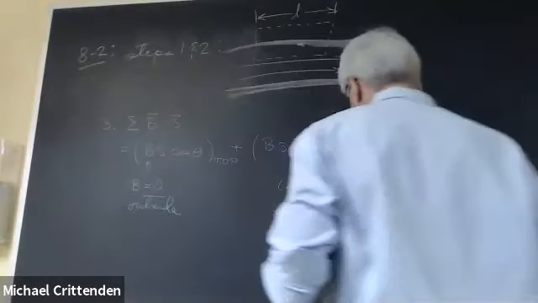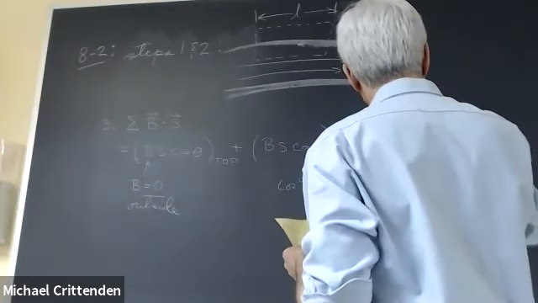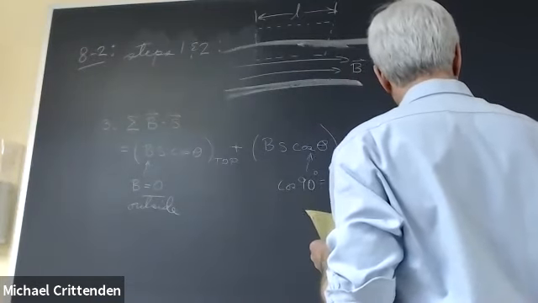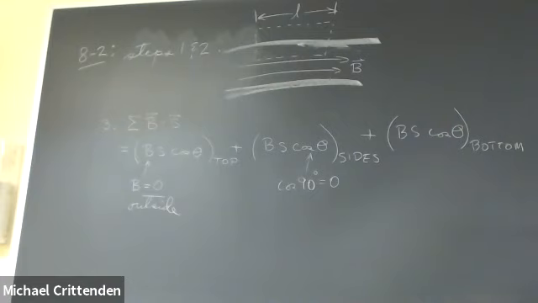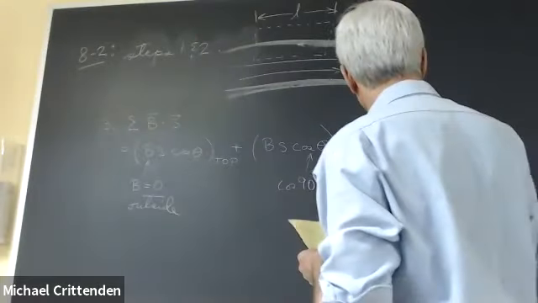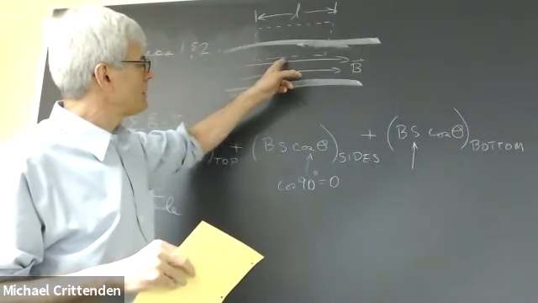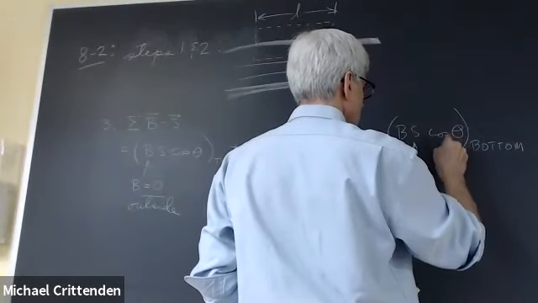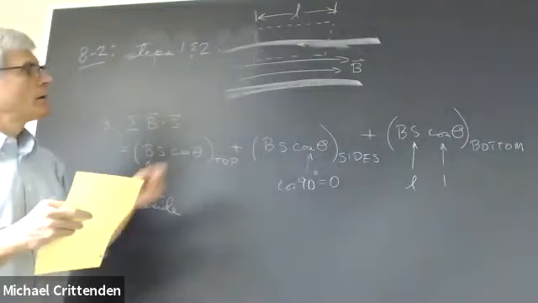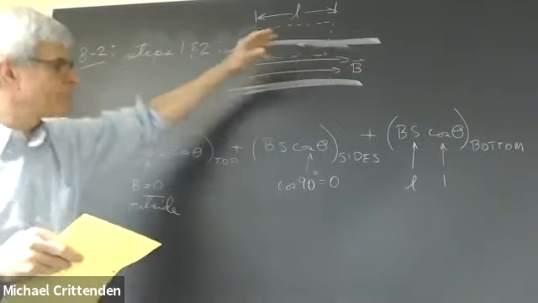And then finally, there's the bottom. We have to include all four sides. And the displacement of my ant that's moving along this path here, that would be the length of the rectangle, L. The field vector and the displacement vector are parallel to each other.